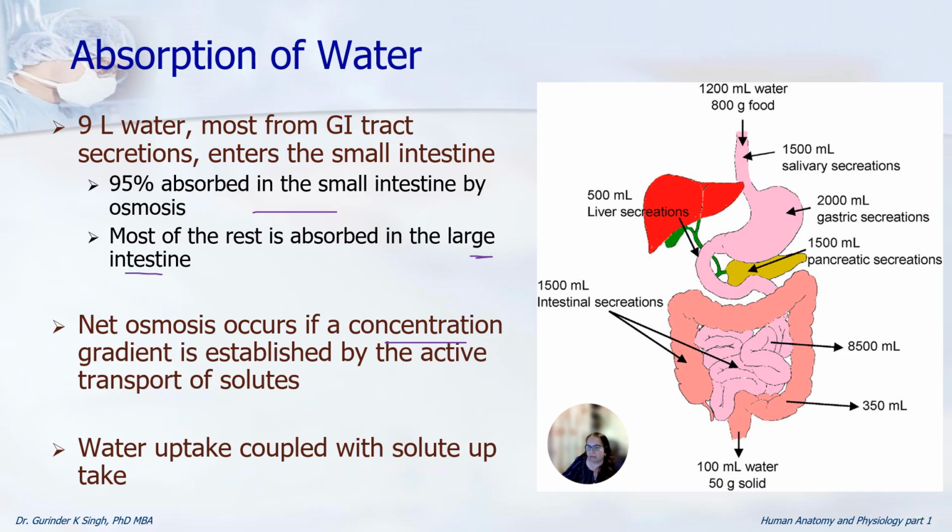The water comes in with 1500 ml of salivary secretion, approximately 2 liters of gastric secretions, 1.5 liters of pancreatic secretion, and half a liter of liver secretion, and then they all go through the small intestine, jejunum and ileum, where we absorb close to 9 liters, and then only 100 ml is released along with the stools. Very little is left in the stools.